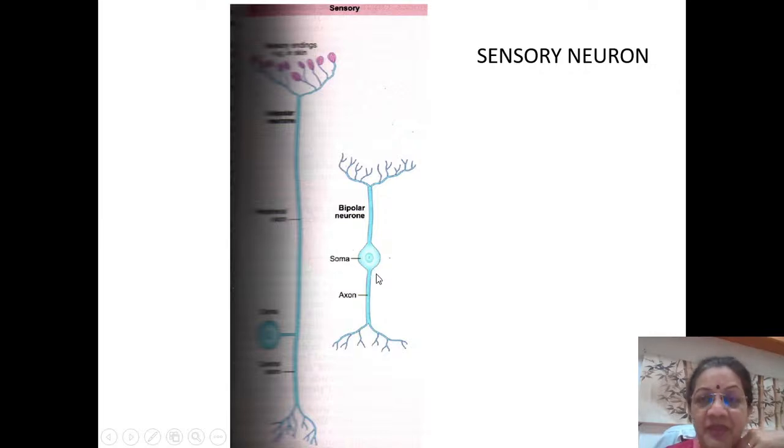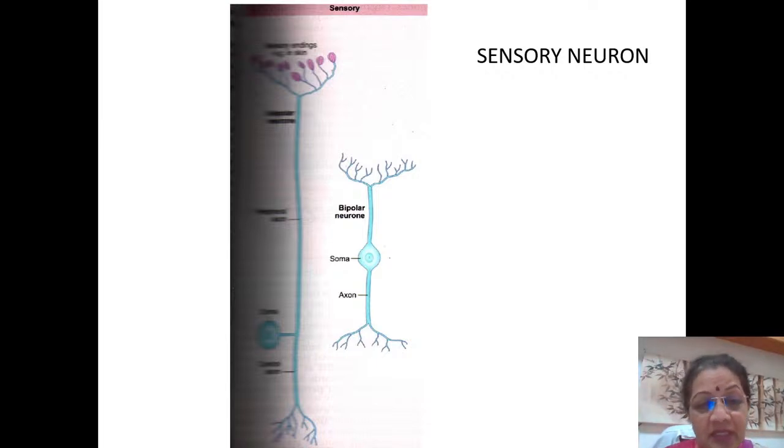So there are only 2 poles. The soma cell body has only 2 areas where cellular processes are attached, that's why it's called bipolar. Then you have what looks like a cell body with only one process. That would make it unipolar. So neurons can be unipolar, bipolar, or multipolar. The classic motor one we saw is a multipolar neuron, but unipolar as a kind of neuron actually doesn't exist in the human species.